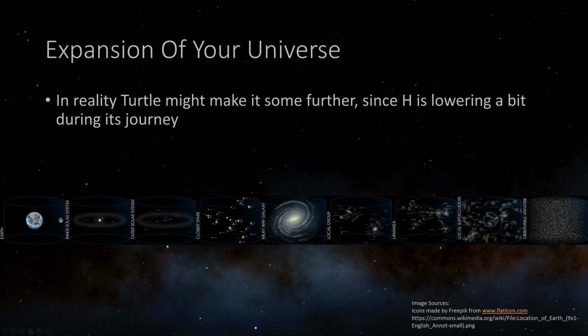This is located in a local group of other galaxies, and we can reach every other galaxy in this group. Somewhere there is also Andromeda. This is located in something called Laniakea. No idea how to pronounce that, but these are multiple groups of galaxies that are somehow clustered together.